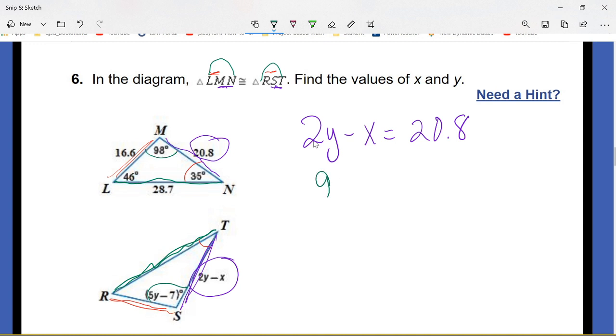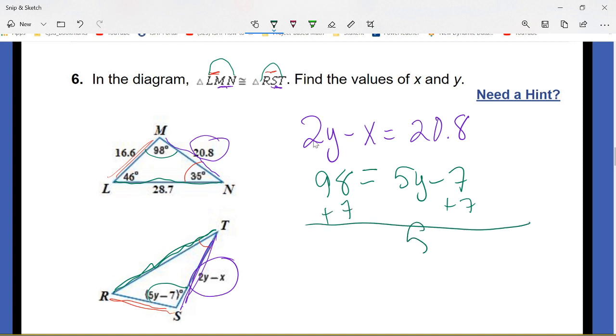So I know that 98 is equal to 5y minus 7. If I add 7 to both sides, I get 5y is equal to 105. And if I divide by 5, I get y equals 21. Now that fact is useful.